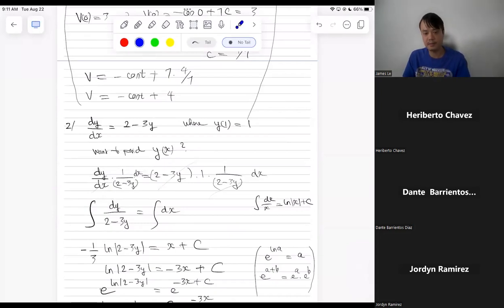I just change the numbers, like instead of 2 minus 3y, I can write 1 plus 2y, or even 1 minus y. Similar to that. So I suggest you look at problem 2, and we will practice that tomorrow in person. Okay.